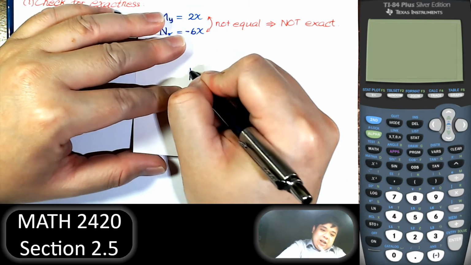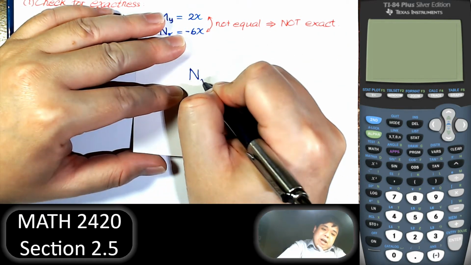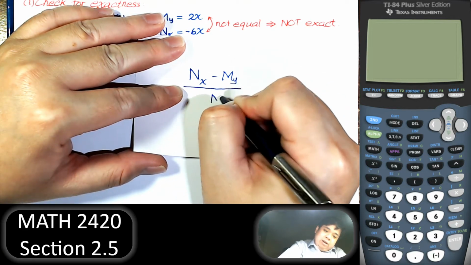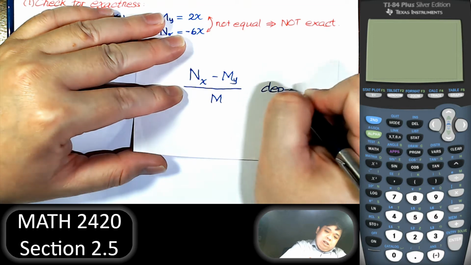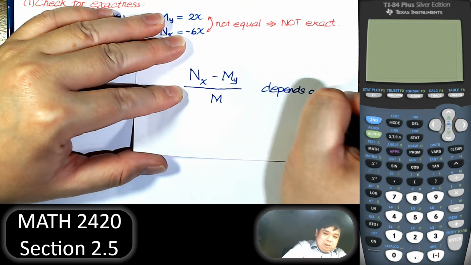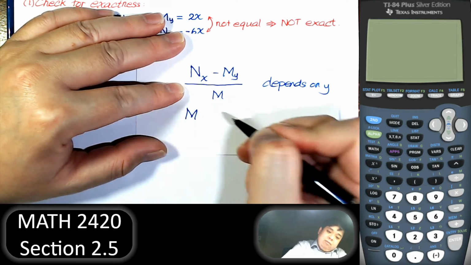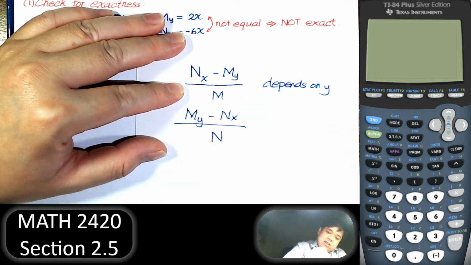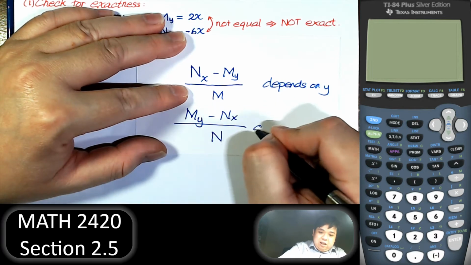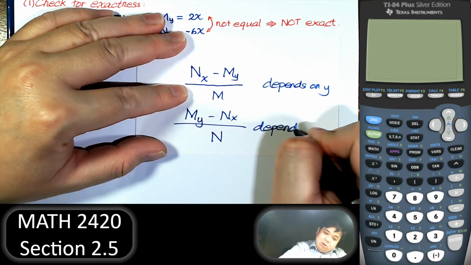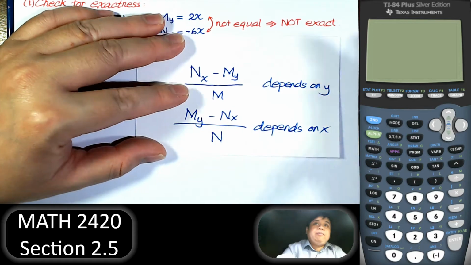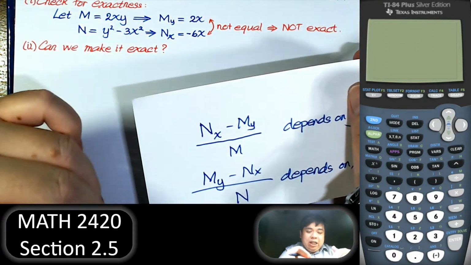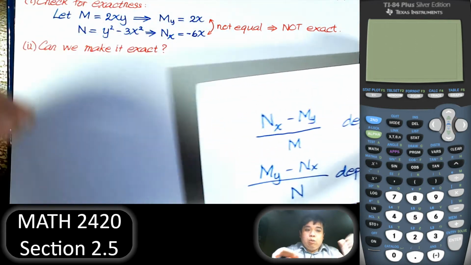So I will write it like this. If we start with N, it will be N_x minus M_y over M, and it depends on y only. And if I start with M, it will be M_y minus N_x and divide by the other, and it depends on x only. And we just integrate, and the exponential of that integral will be the integrating factor.